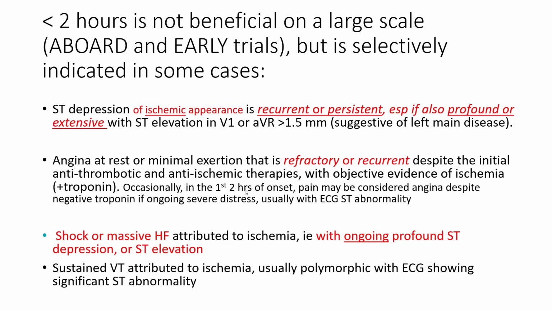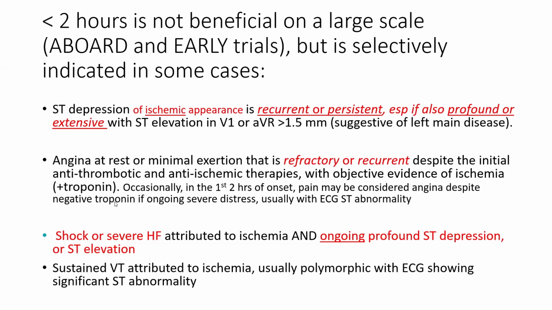Except occasionally in those first 1 to 2 hours, troponin may not have risen yet above the injury cutoff. And there you make a clinical decision. His angina looks real. Troponin hasn't had time to rise. It's in the first 1 to 2 hours. I will take him to the cath lab. But typically, even in that case, you will have ischemic ST depression that is persistent and possibly profound.